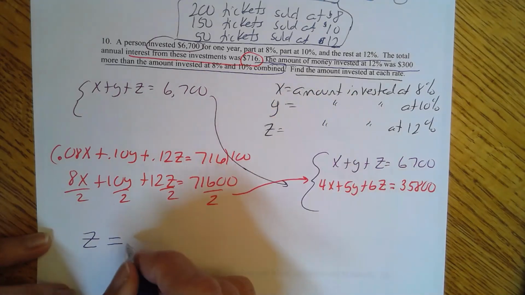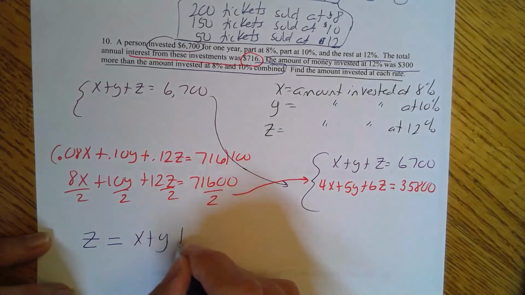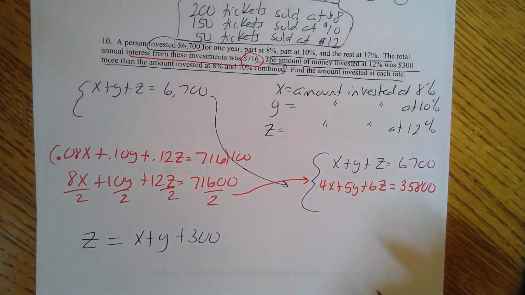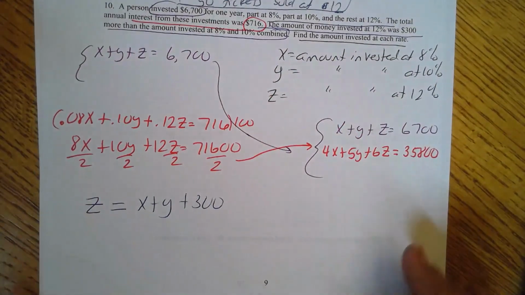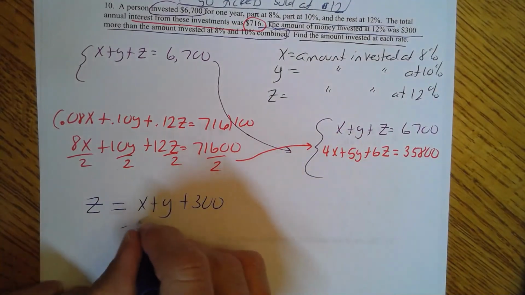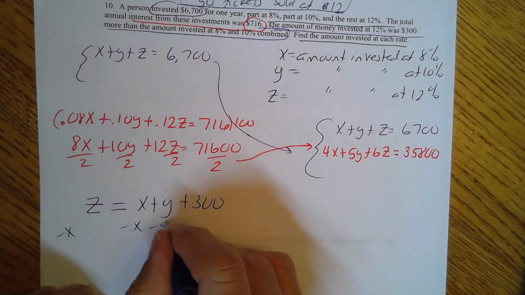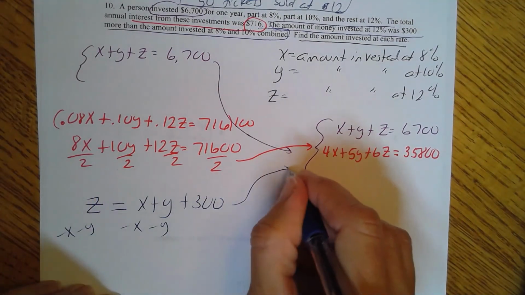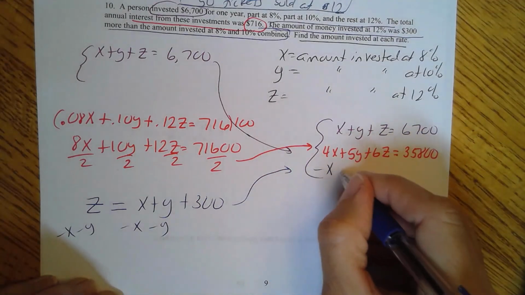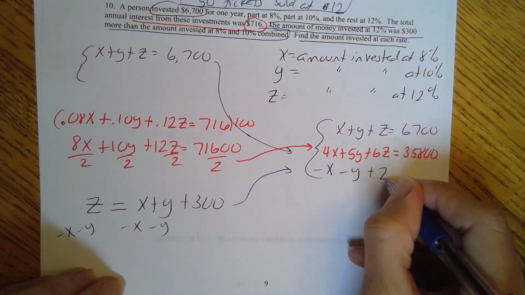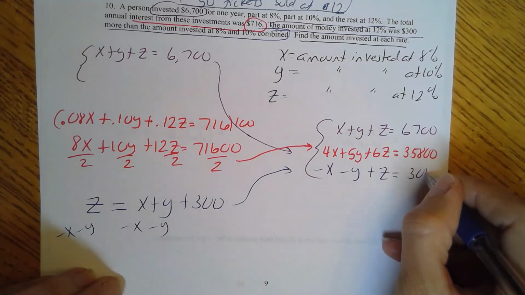So combine 8 and 10, and then do 300 more than that. So x plus y plus 300. We like the variables to be on the same side, so I'm going to subtract the x and subtract the y. So my last equation would be negative x minus y plus z equals 300.